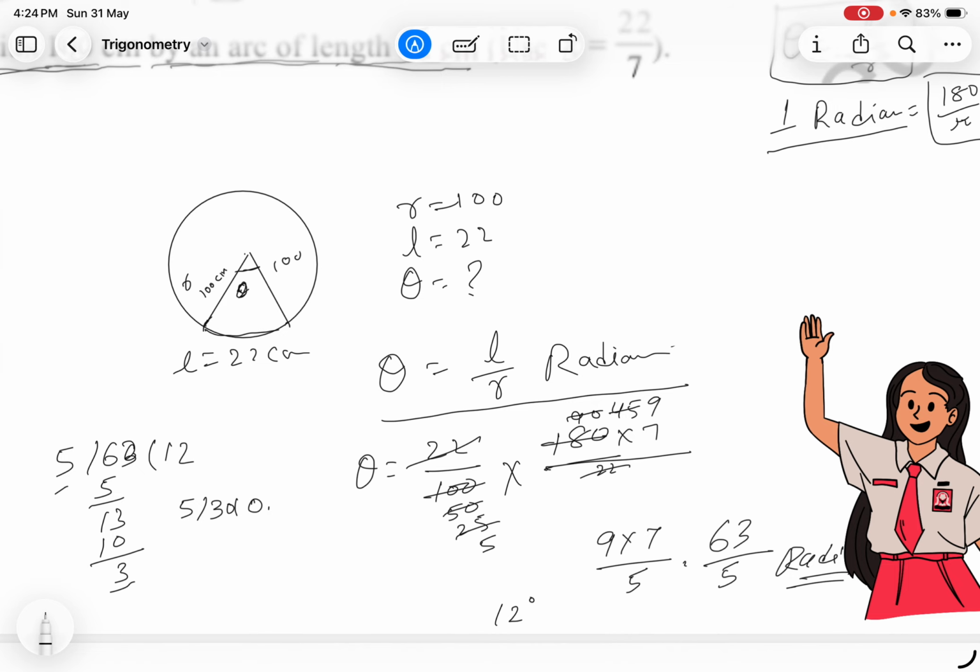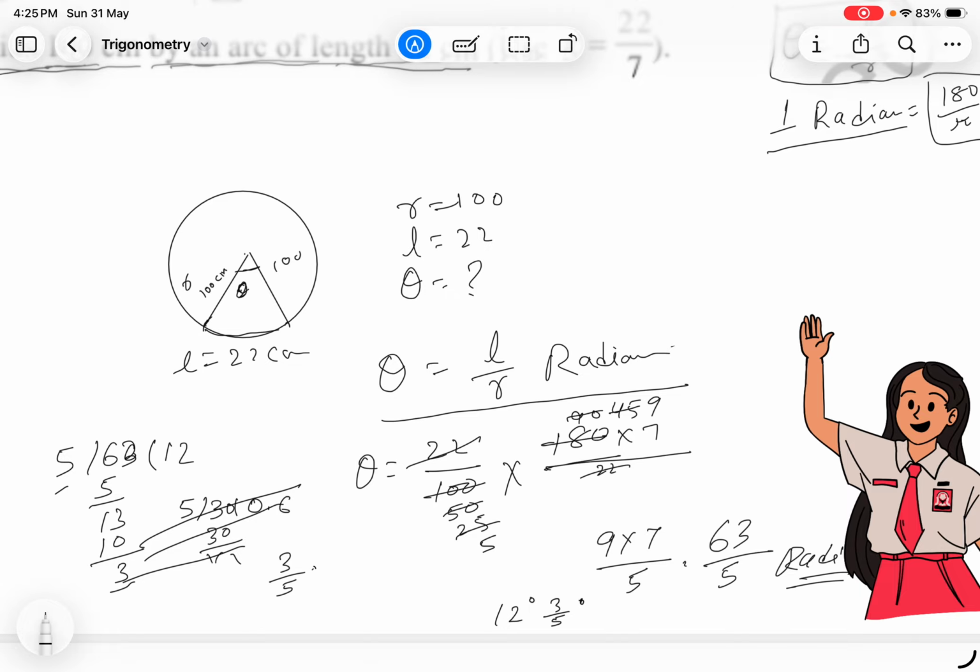Yeah, 3 by 5, so 5 6 ja, we have 30 cancelled. So we have 12 degree 3 by 5 minute, and 3 by 5 degree also.